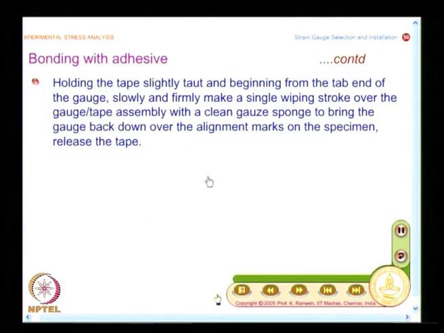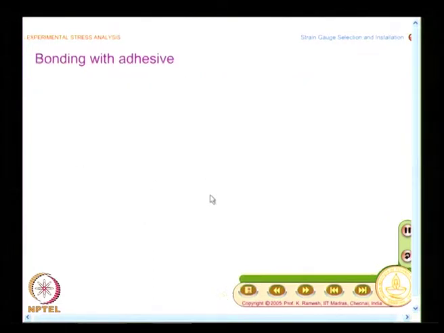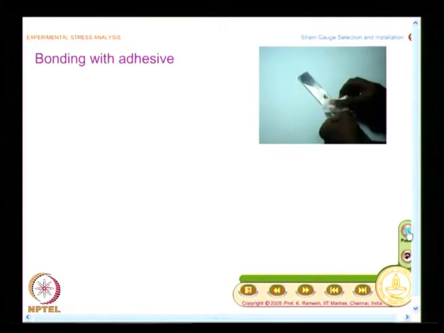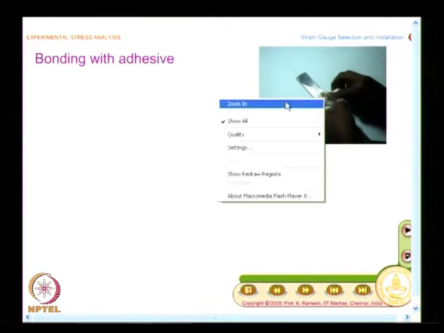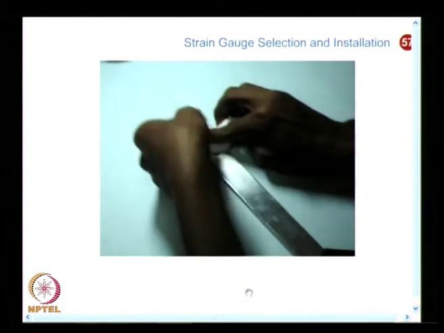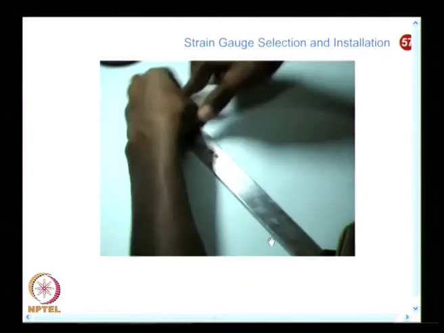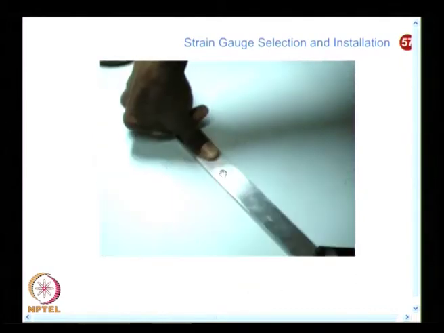I will show the animation, this idea will become very clear, and this is what you see here. So, you need to press it with the thumb at the end of the process.